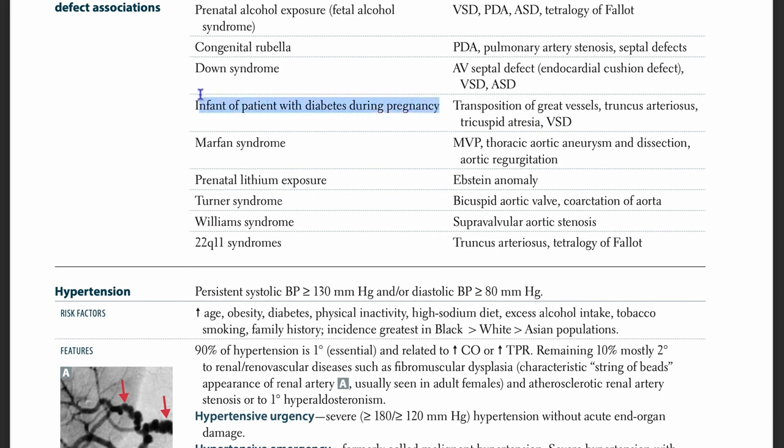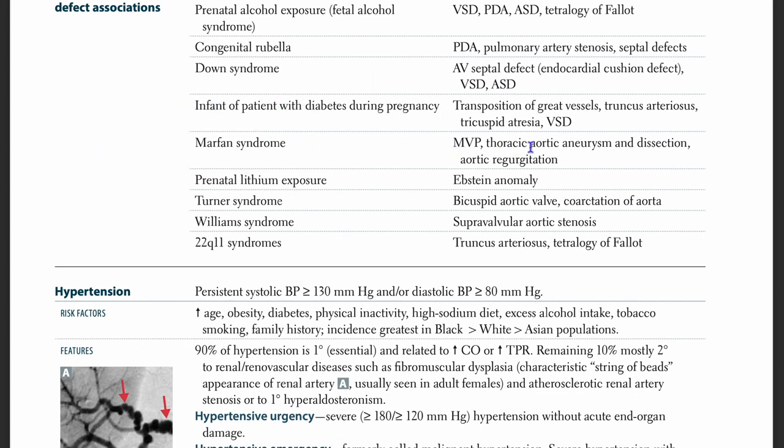You'll see that the infant has an enlarged pancreas, I think. We'll do that in GIT. Marfan syndrome, MVP, thoracic aortic, and also the infant's going to be large. It's going to be big, large for his age.